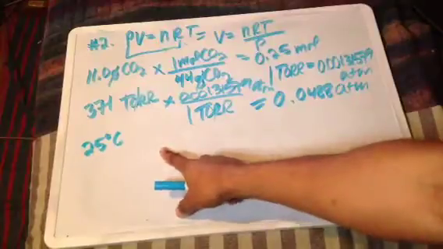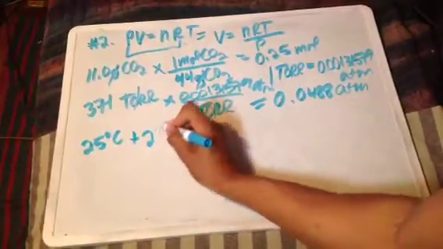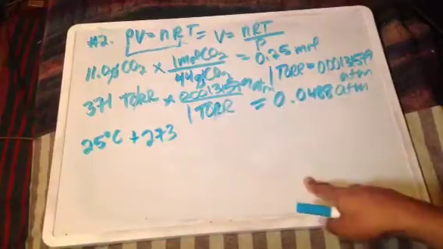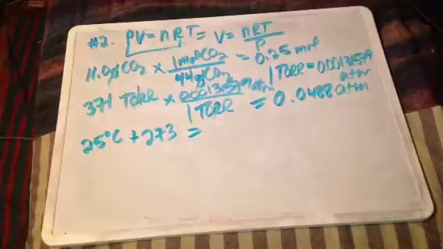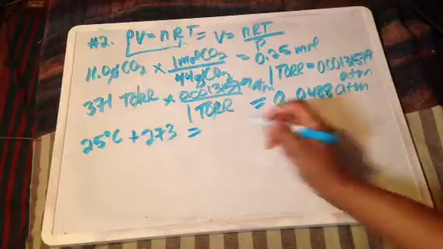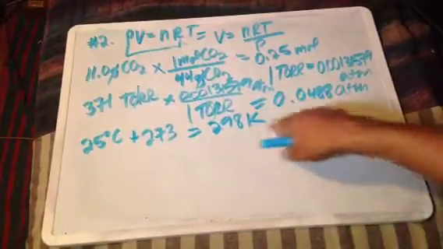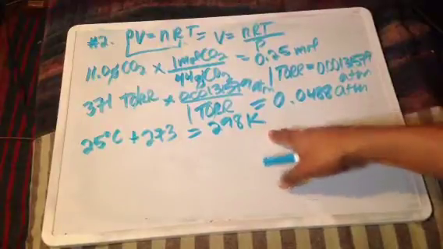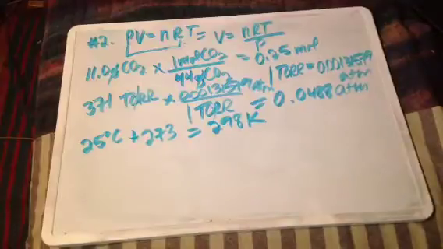Anytime we're trying to convert to kelvins, we always add 273. And that will automatically convert this into kelvins. So we say 25 plus 273. That gives us 298 kelvins. Okay, and kelvins is denoted by a K here.